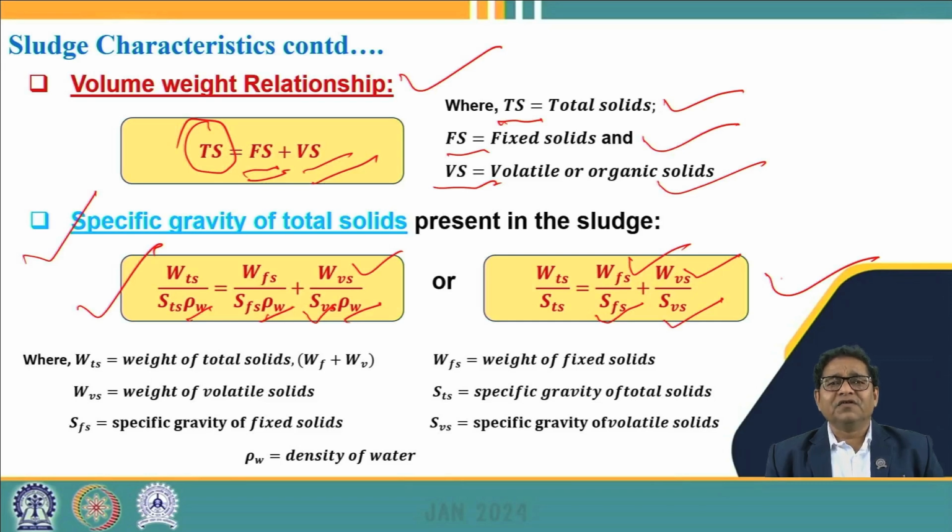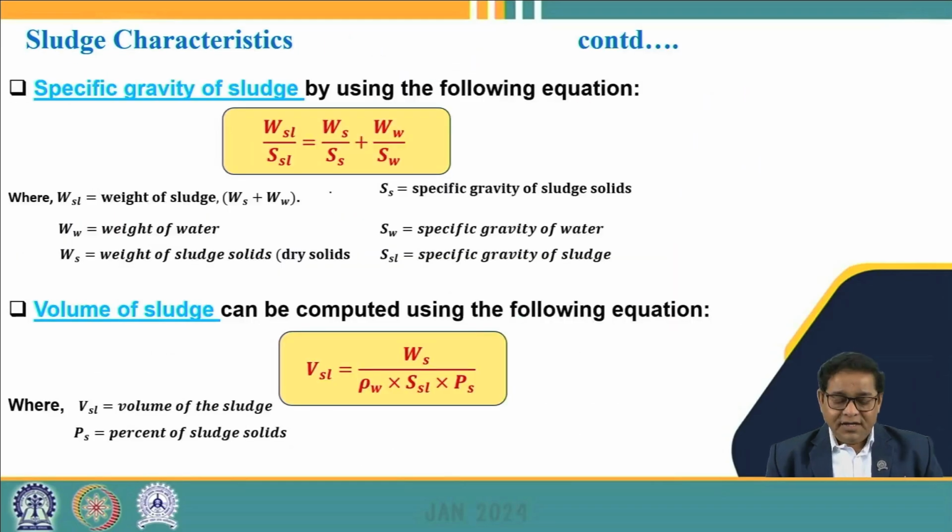So these relationships we can use for determination of sludge volume and sludge quantity. And then another parameter is the specific gravity of the entire sludge. Earlier we saw the specific gravity of the solids. Now we are talking about the specific gravity of the entire sludge volume.